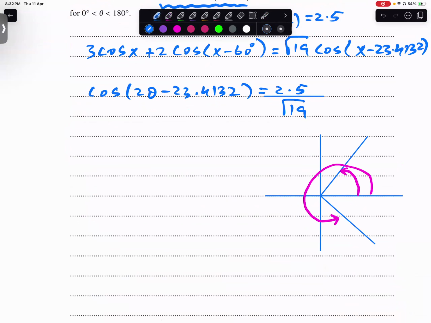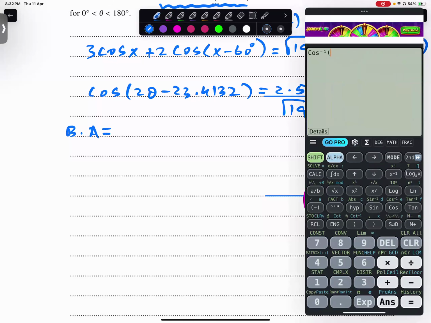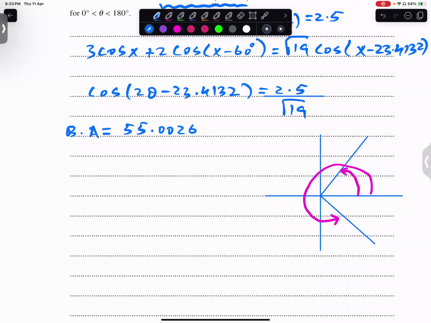So let's find first of all the basic angle. Basic angle is shift cos inverse of 2.5 divided by root 19, also set the calculator on degrees. So this will be 55.0026 up to 4 decimal places. My first value will be 2 theta minus 23.4132 equals 55.0026.